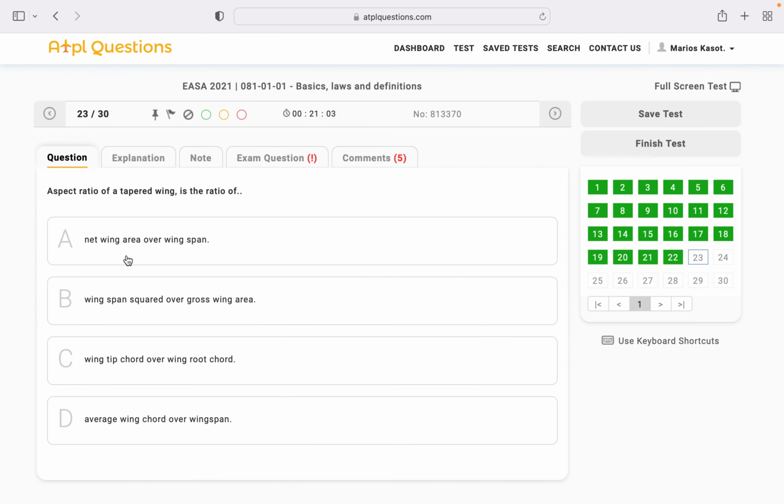So not net wing area over wingspan, but wingspan squared over gross wing area. It's obviously the correct answer.